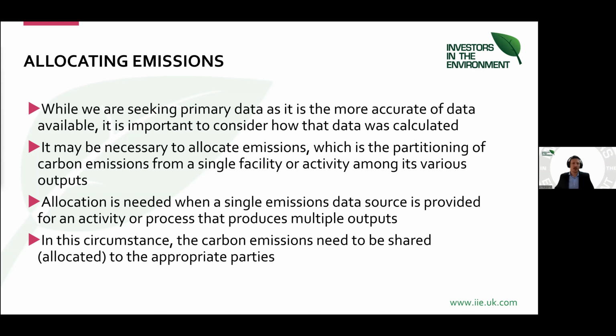So as much as possible, allocation should be avoided, but it is likely that whatever happens, we are going to get a series of single data sets from suppliers, and we're going to need to calculate how much of that we take on board. Some manufacturers may be able to put in sub-metering in certain processes and different ways of improving how they capture and collect their data, and are therefore able to give you that information.